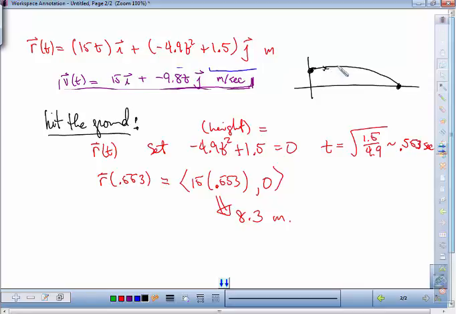At any time t, we can figure out the height by looking at the j component, and we can figure out the distance by looking at the i component. So when the height is equal to 0, in this case, we're on the ground, and by taking this time and putting it into the i component, you're going to find this distance, 8.3. Okay?